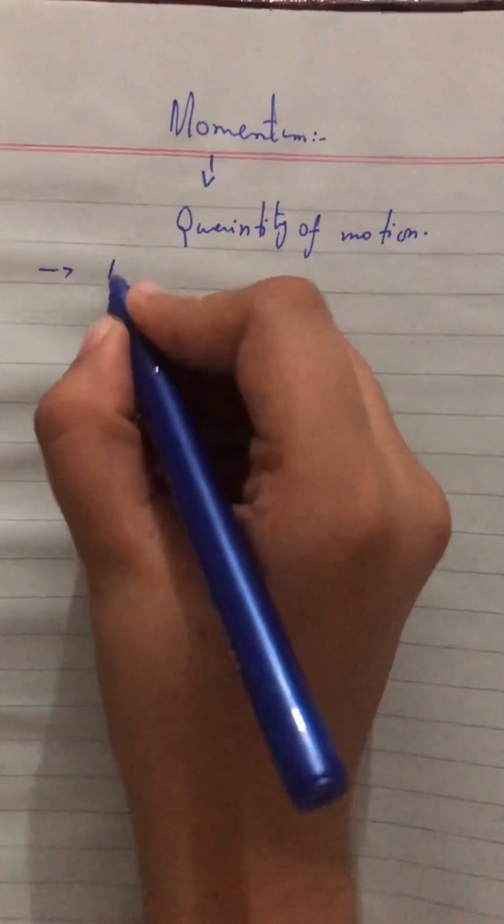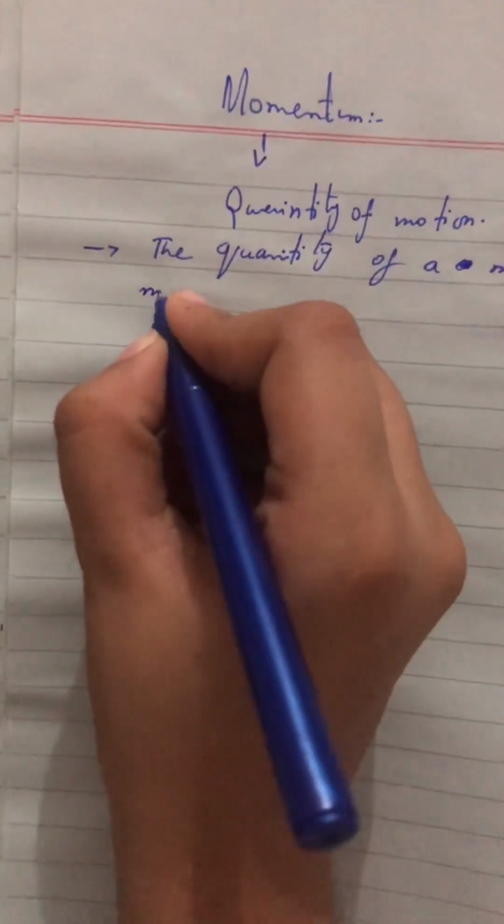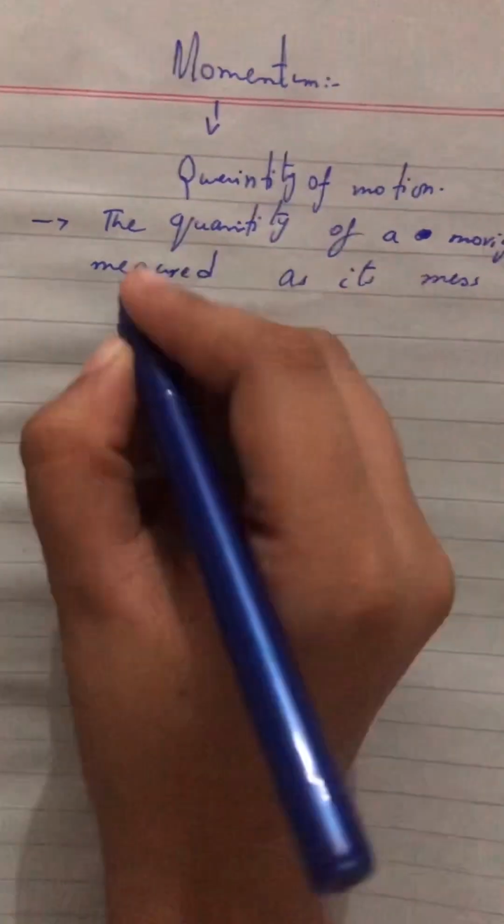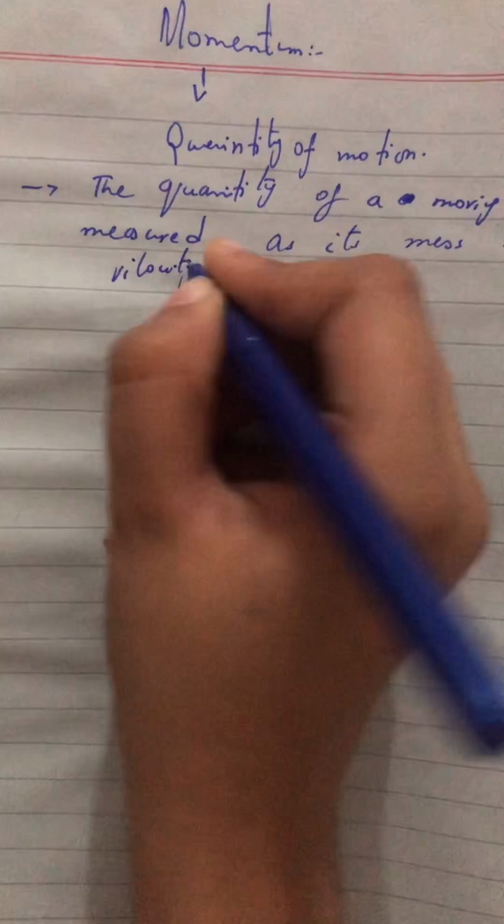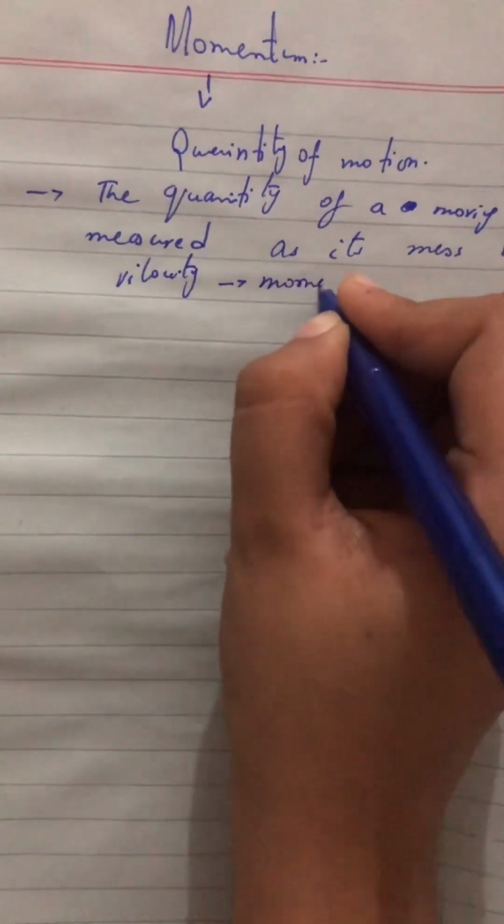Basically, it is a quantity of motion, or we can say the quantity of a moving body measured as its mass and velocity that we call the momentum.